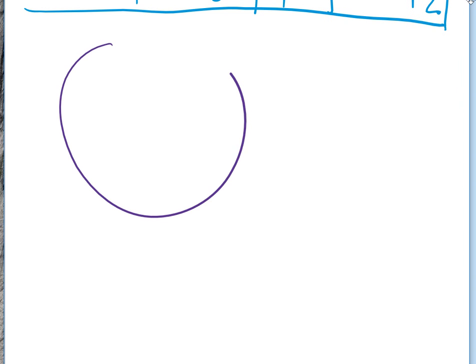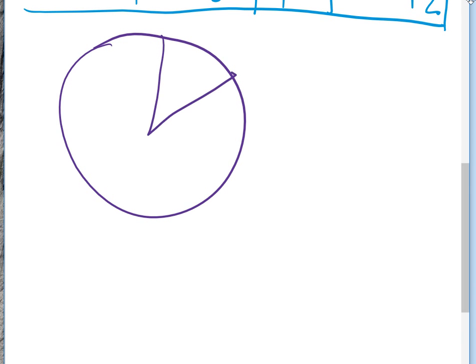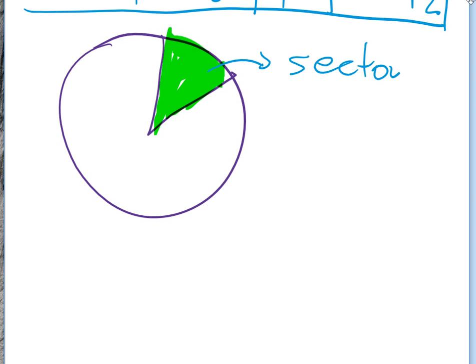So if this is the circle, I'm talking about a sector. This is a sector. Okay, so it's like the pizza piece, it's called sector. Of course, we remember that from here to there, that's called the radius.